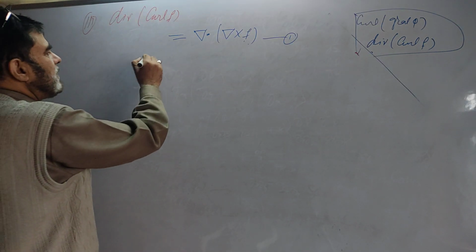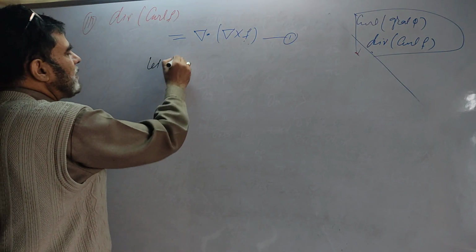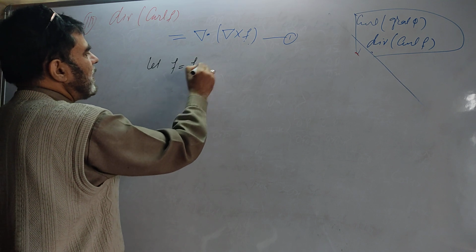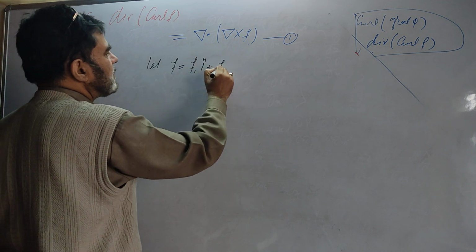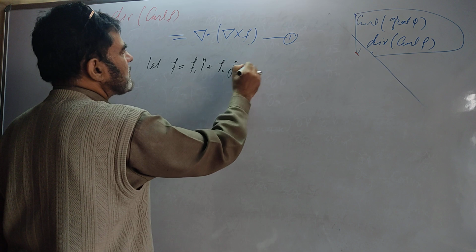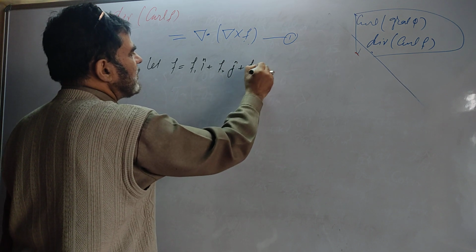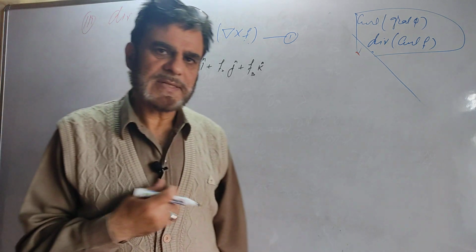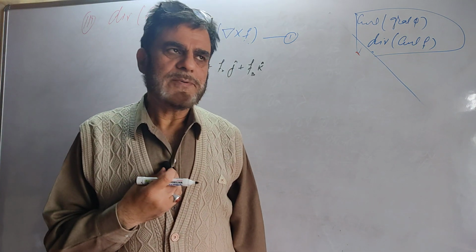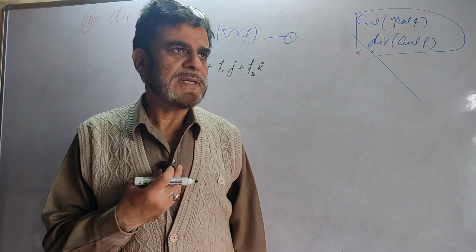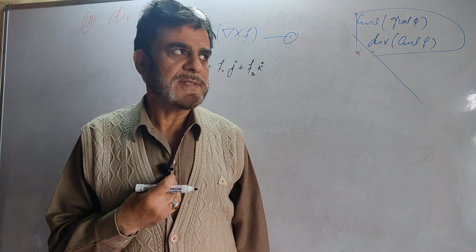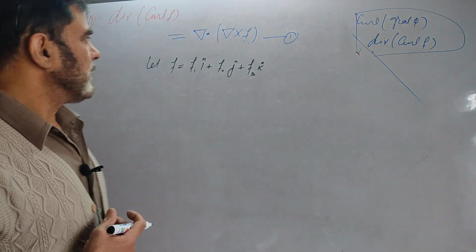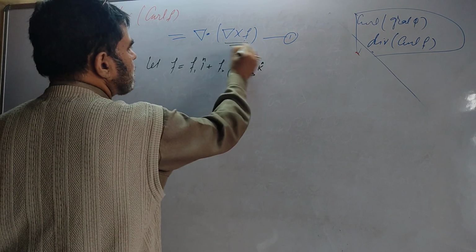For the time being, let f is equal to f1 i plus f2 j plus f3 k. We assumed this. Suppose f is some vector point function, let it be f1 i, f2 j, f3 k. f1, f2, f3 are the components of this vector point function. Now I will first find out this.